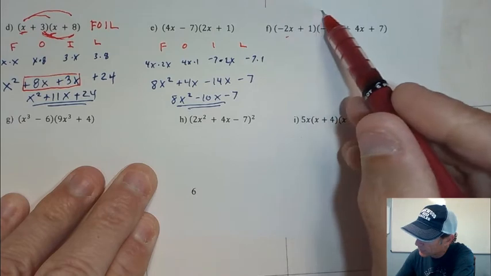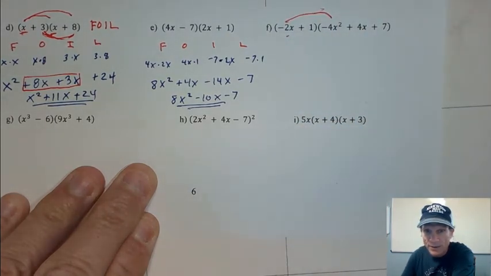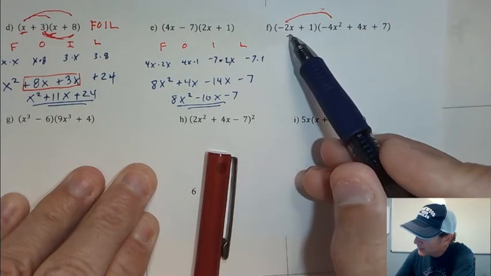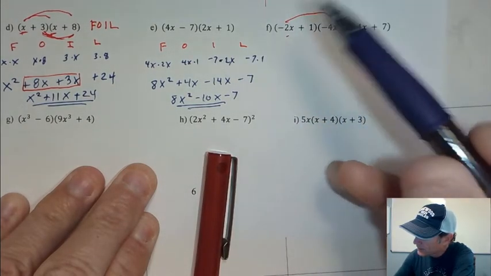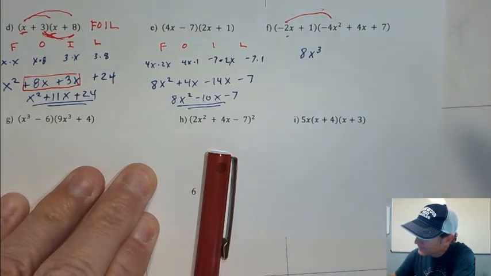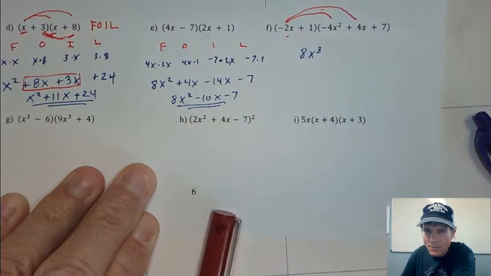This negative 2x has to hit the negative 4x squared. Okay? So when I do that, I get negative 2x times negative 4x squared is 8x to the third. Then this has to hit this, the middle term.